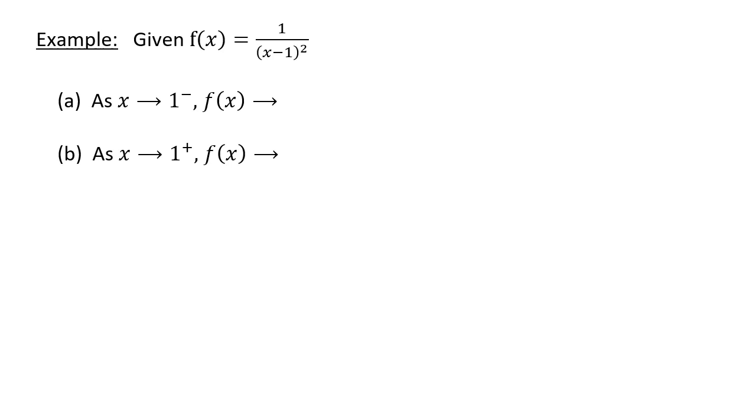In the example, we're given f of x equals 1 divided by (x minus 1) all squared. What happens to the y values, the f of x values, as we approach 1 from the left, and what happens to those y values as we approach 1 from the right?